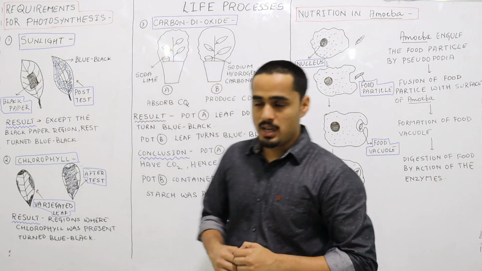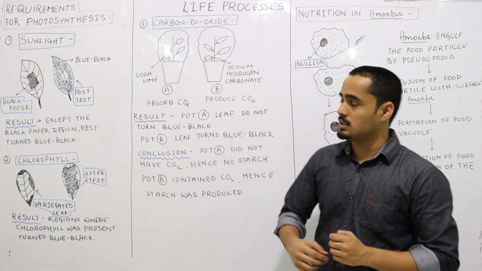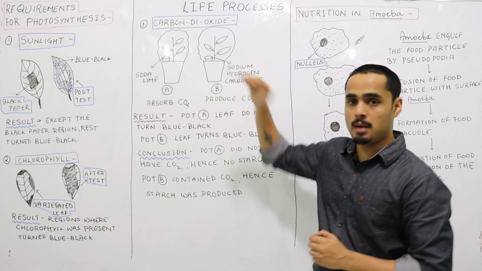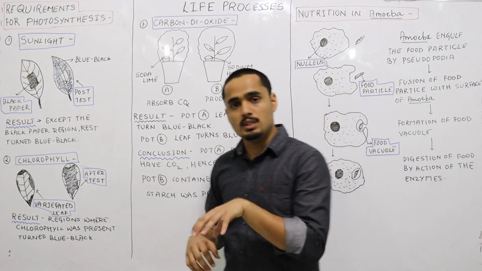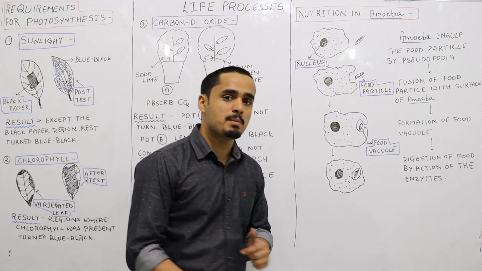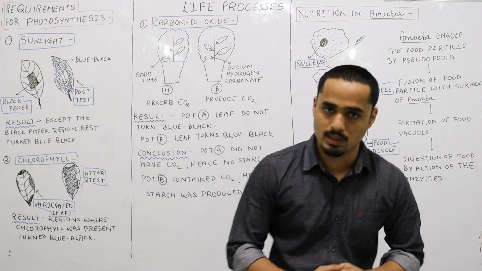Now, the most important components are sunlight, chlorophyll and carbon dioxide. To understand if these were the requirements of photosynthesis, several experiments were conducted by various scientists.